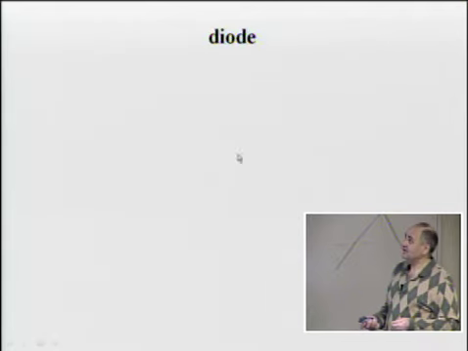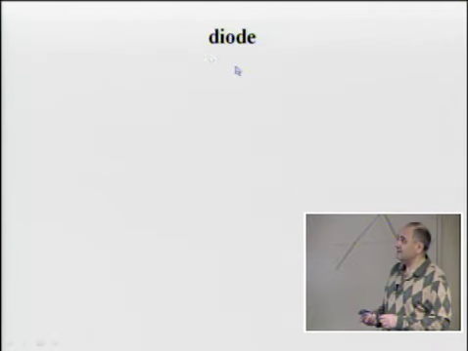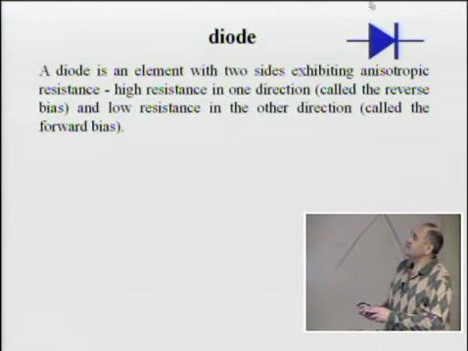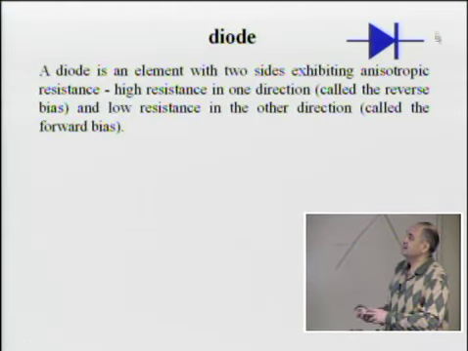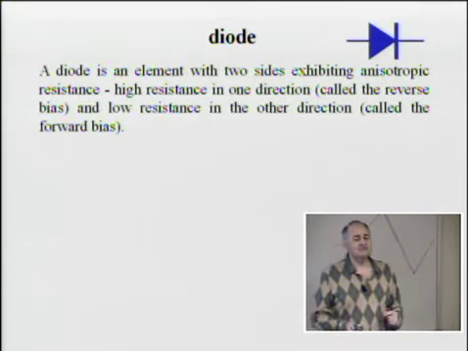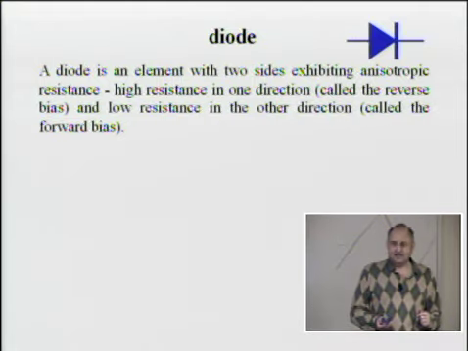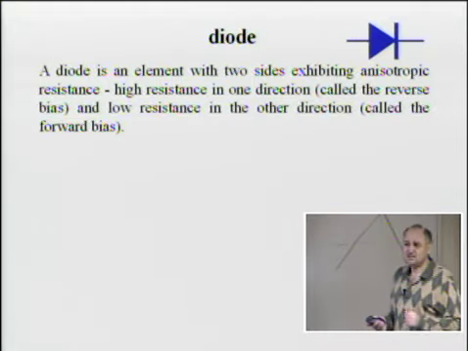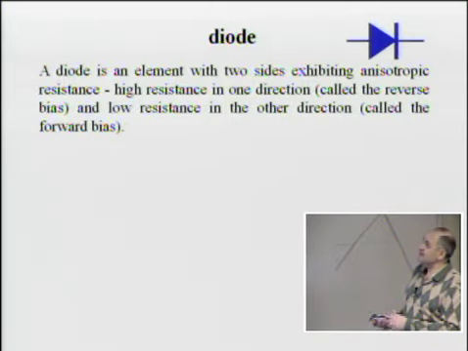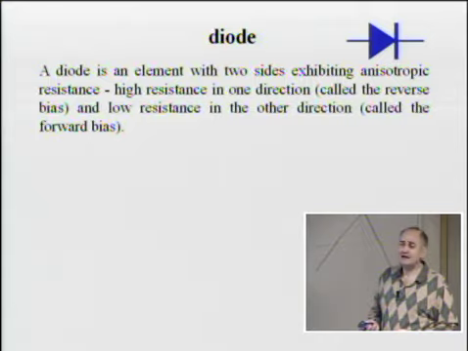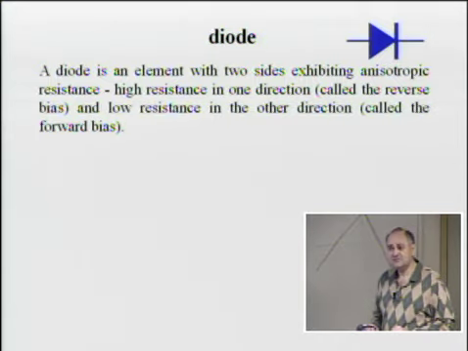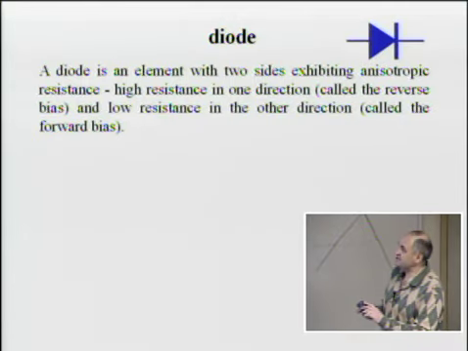Diode is a very important electronic element. This is a symbol for a diode, and a diode is an electrical element which also has two sides, and in a way it behaves like a resistor with an anisotropic resistance. Depending on how we polarize the diode, it has either low resistance or high resistance.